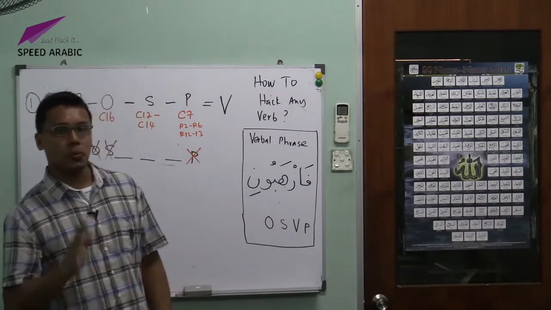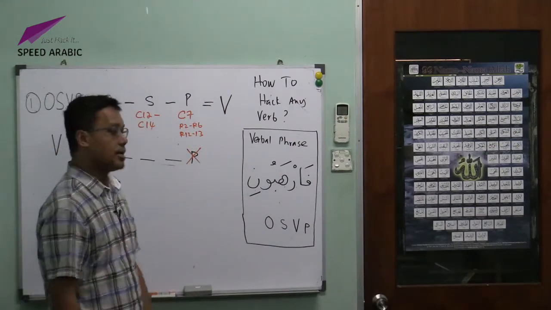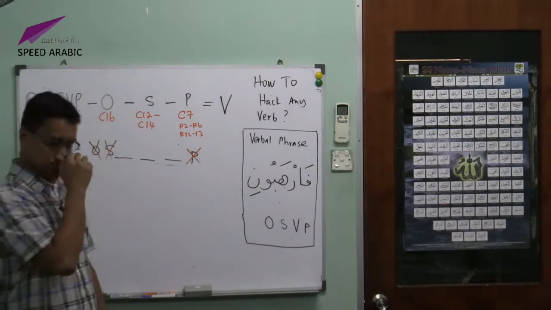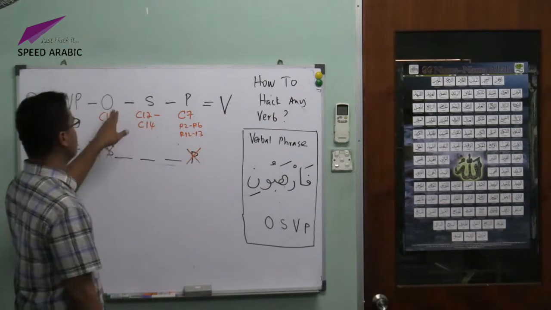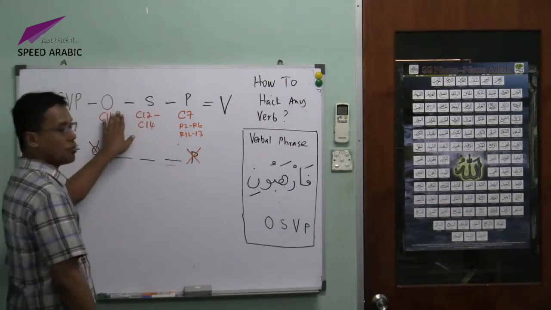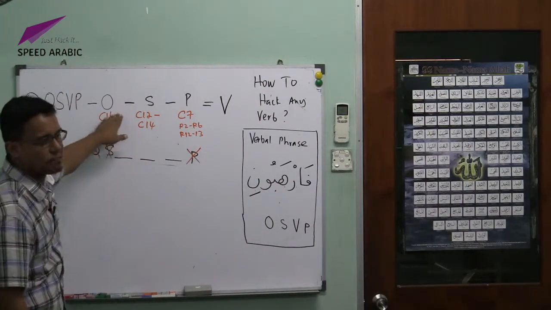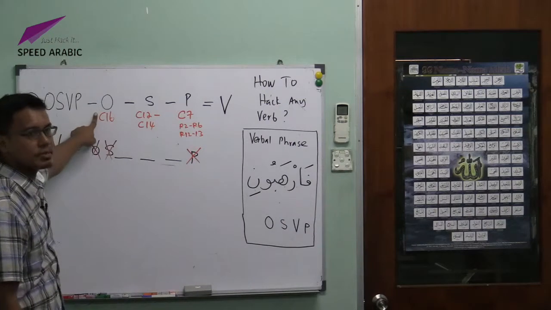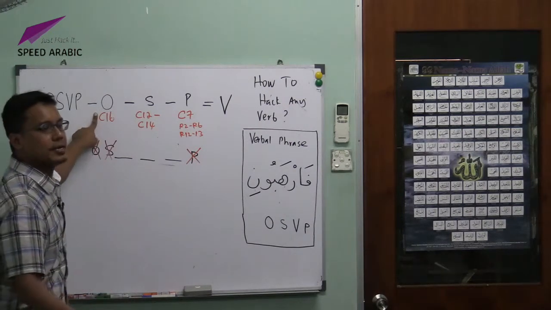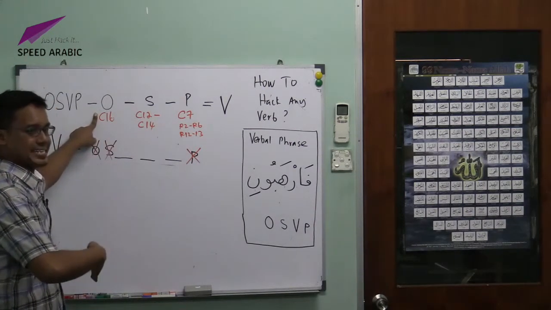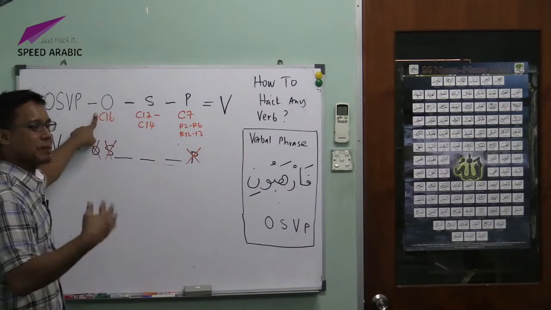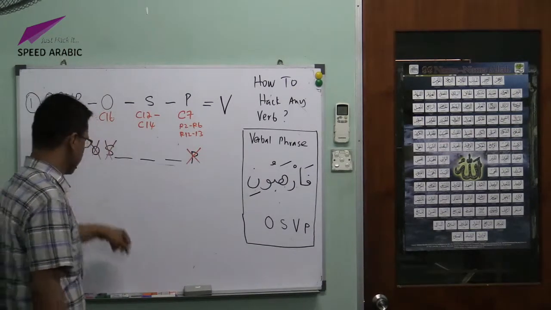Now we go through one by one. Okay. You can find either P, S, or O first, but the ideal way is for you to hack the object pronoun first. That means you look at the back. You look at the back. What is at the back?